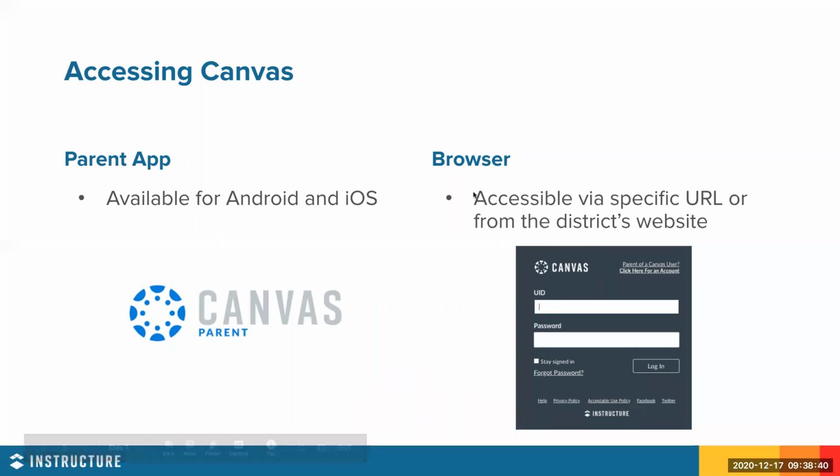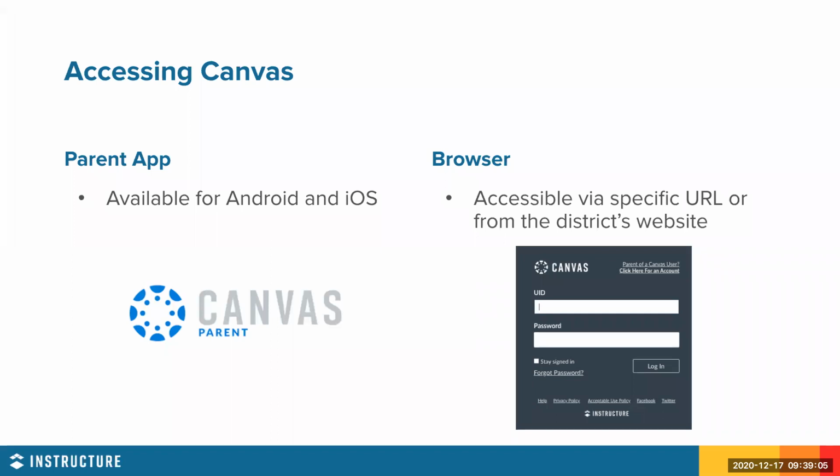I will note with this, if you are unsure if your district has allowed for parents to create their own accounts, I would encourage you to reach out to your Canvas administrator. And then you can also ask them if parents navigating to Canvas through the web need a specific URL or if it's linked from your district or school's website.